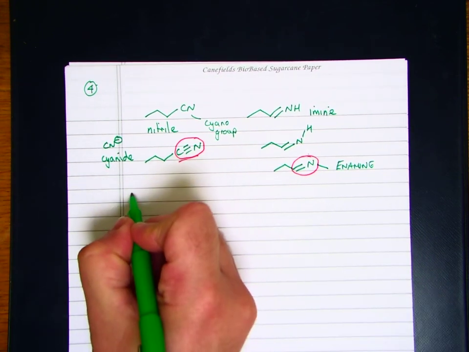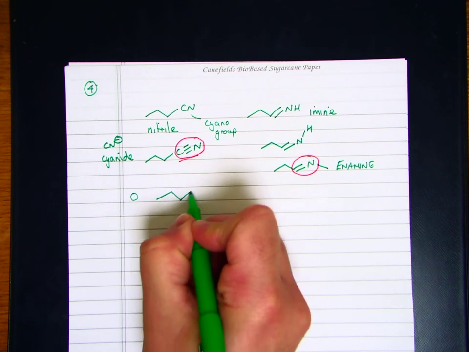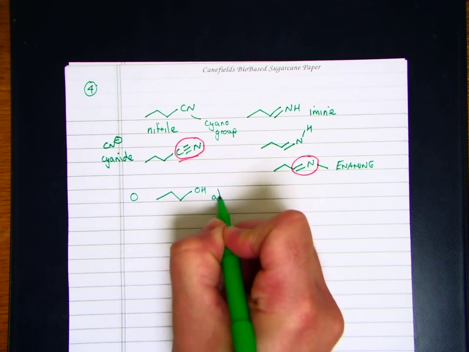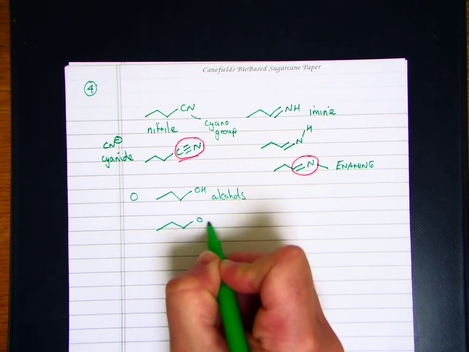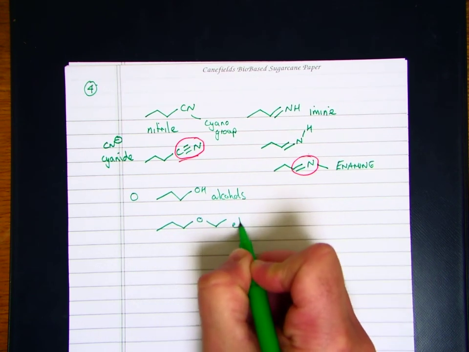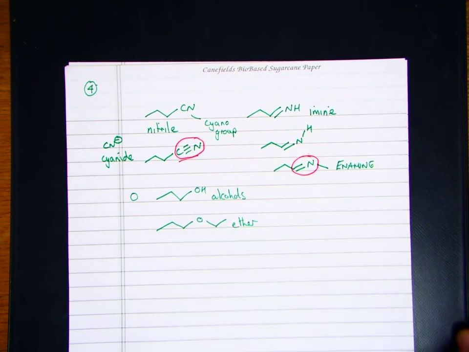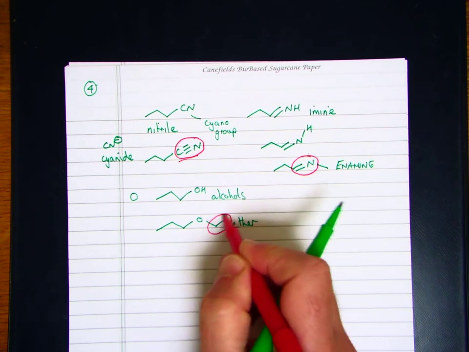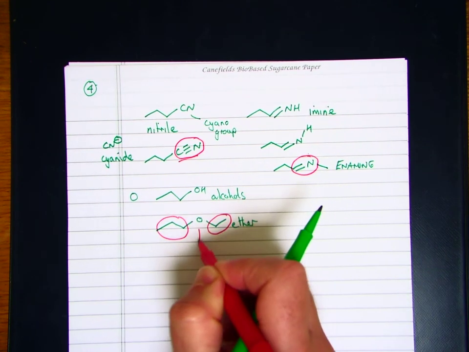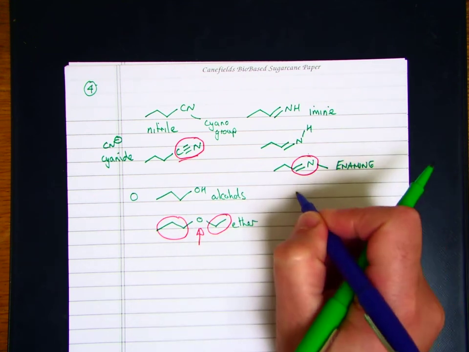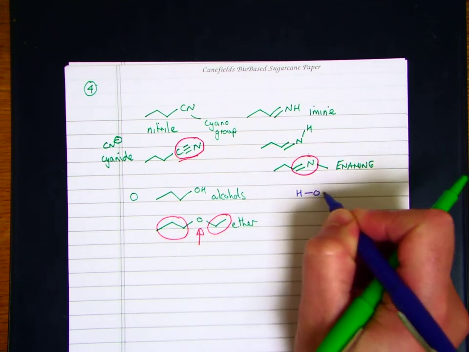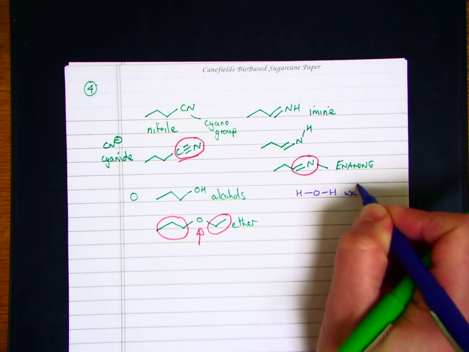Now, let's look back at oxygen. We've already looked at alcohols, but the next extension of that is to add an ether. If you look closely at an ether, we have a carbon chain and a carbon chain with an oxygen in the middle. If you break that down, we'll go back to this compound, which I drew in blue because this is water.